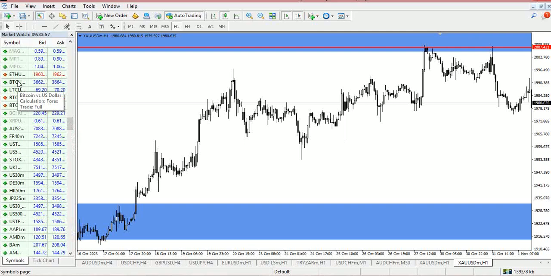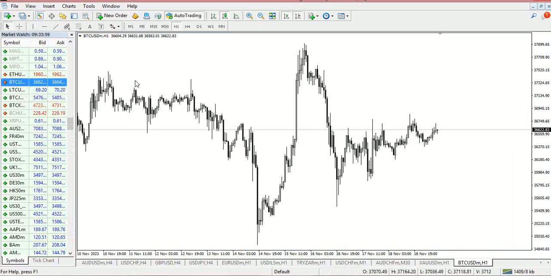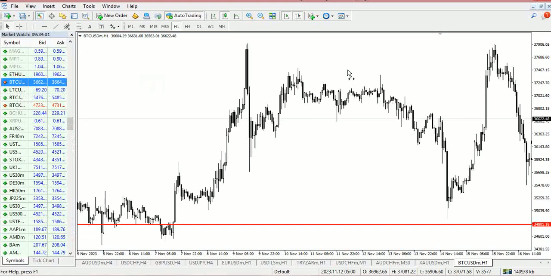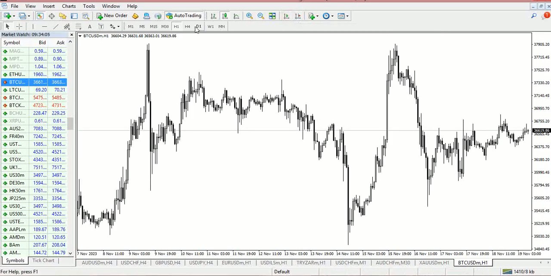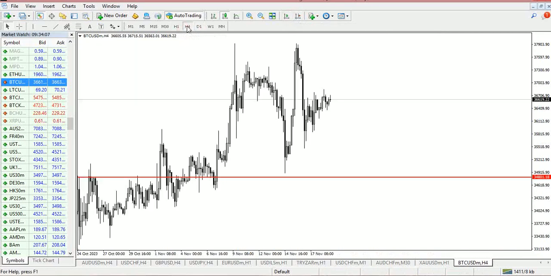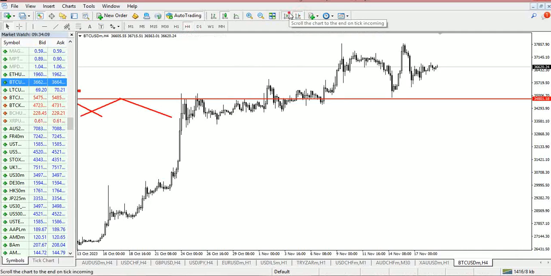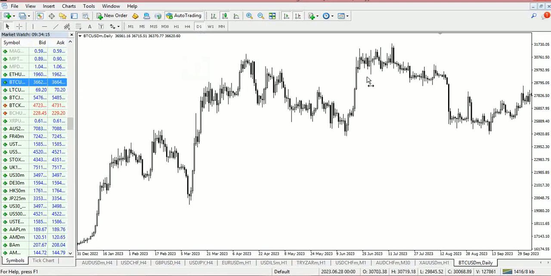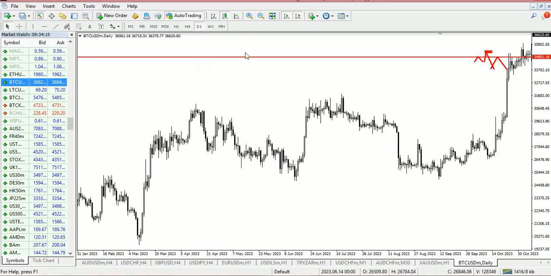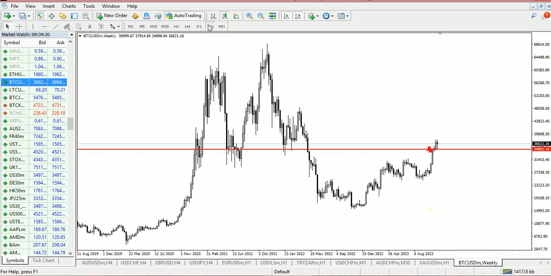What's happening? Bitcoin wants to recover. Okay, there's not much activity. Let's go for the dollar index.